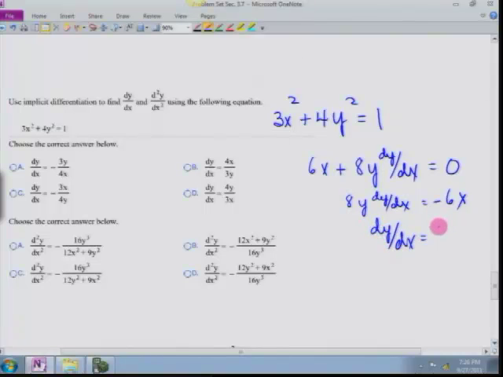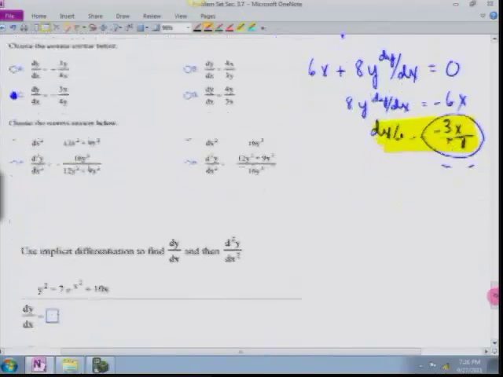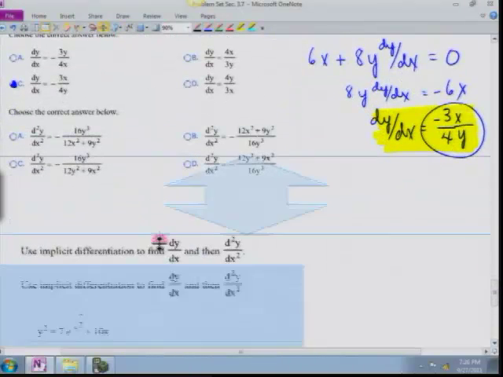I'm going to go ahead and say that's negative 3x over 4y, sorry. So this is what dy dx is, and we need to remember that for when we get down to a certain part in the other part of the problem. But that part was okay, right? That was easy. That was good. We like that. All right.